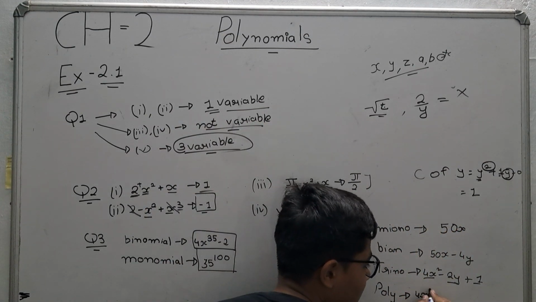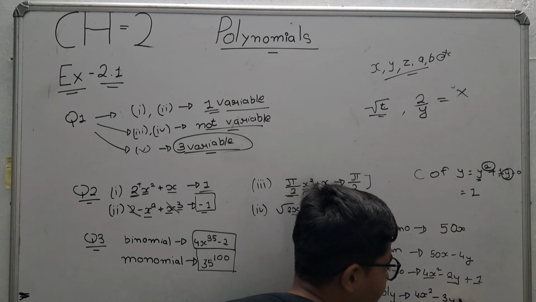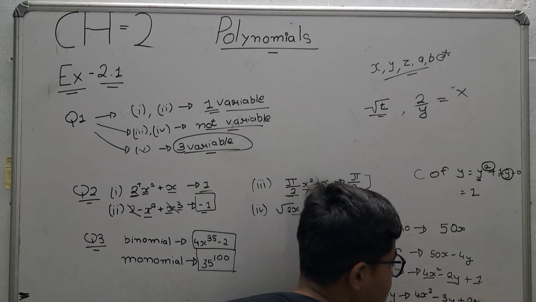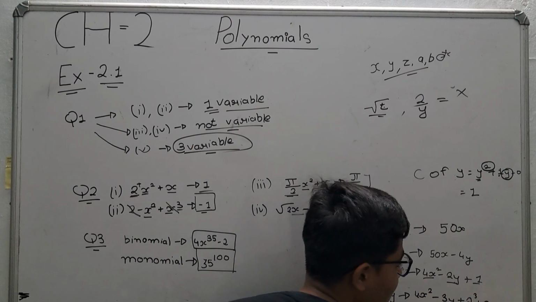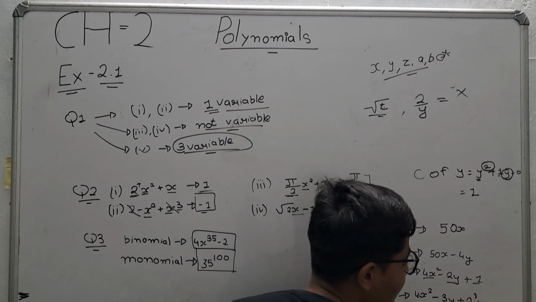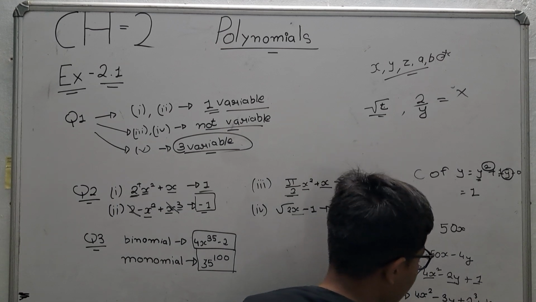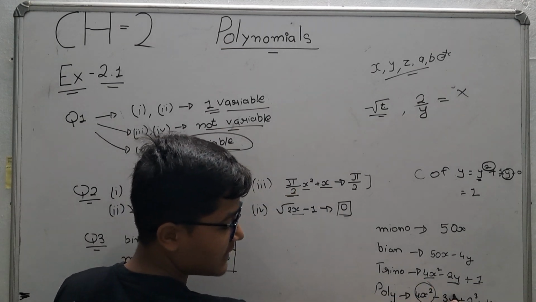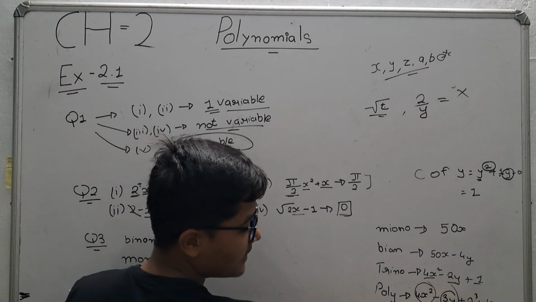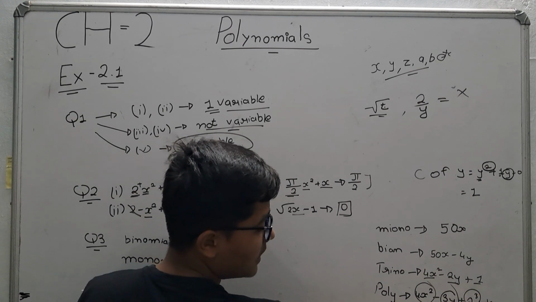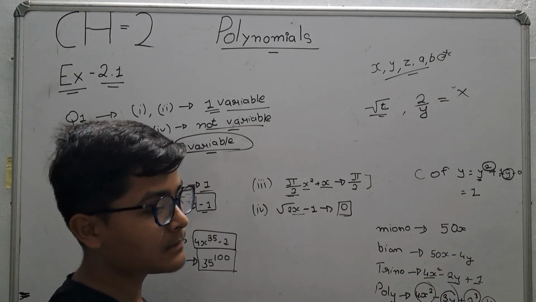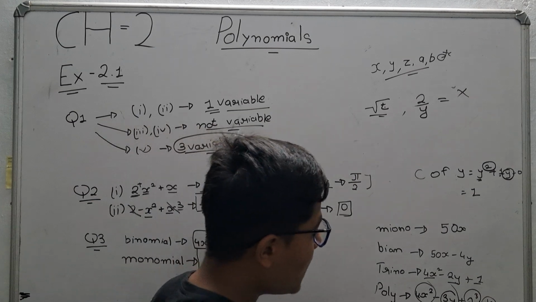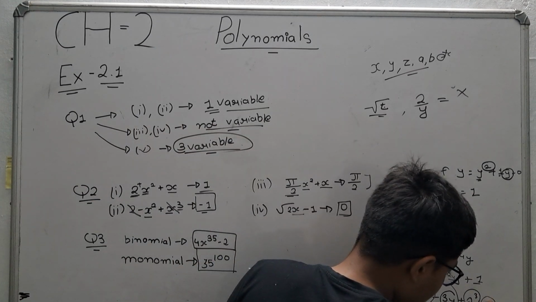Let's take an example: 4x square minus 3y plus 2 cube plus 10.